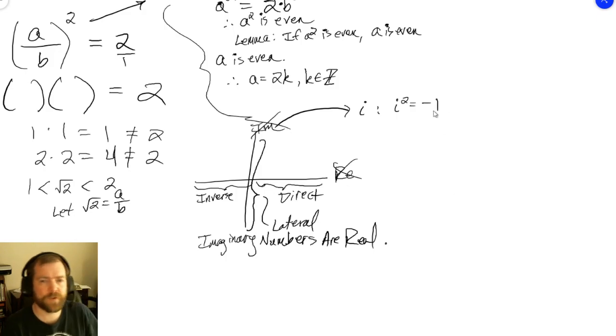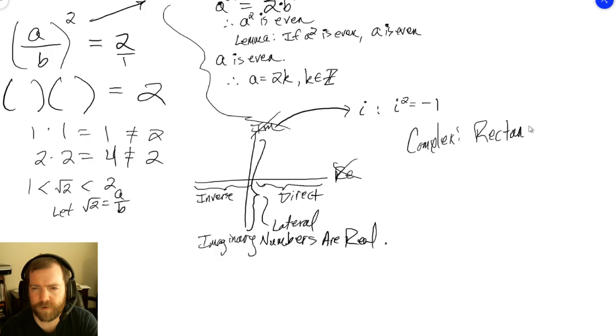So if you were to use the polar form of complex numbers, versus rectangular, where you're talking like x plus iy, where i is the number which when you square it you get -1.